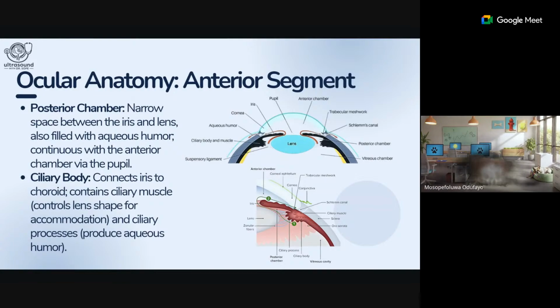Now, this lens that forms the posterior boundary of the posterior chamber, is it just suspended without anything holding it? No, it's not. At the attachment portion of the iris, you will see some finger-like projections that we can see here.